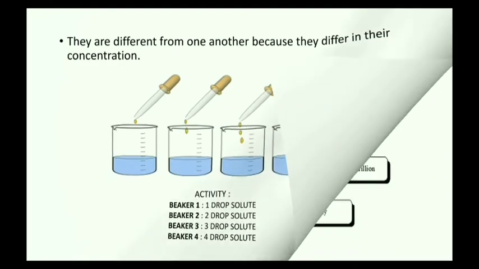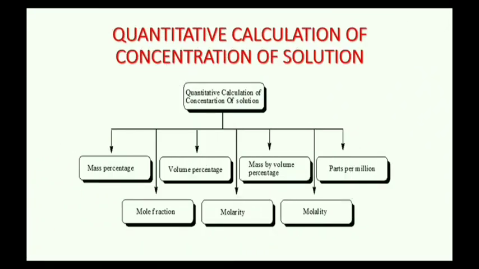Okay, so now we are going to study in this chapter, there are different techniques by which we can calculate the concentration of solution. Okay, so the quantitative calculation of concentration of solution can be done by these methods. By these methods, we can calculate the concentration of a given solution.